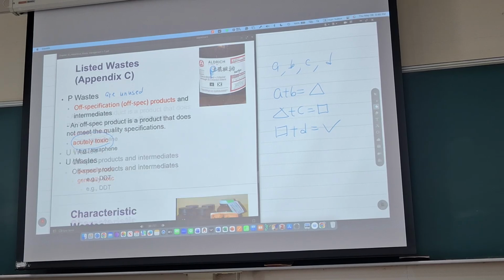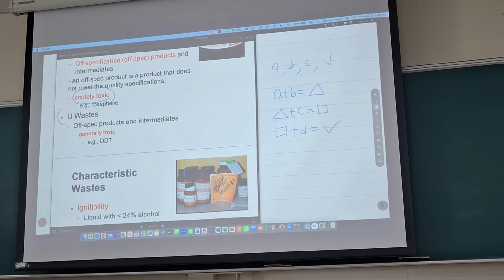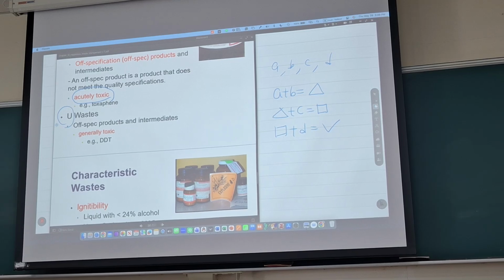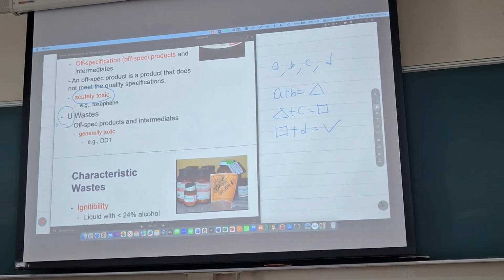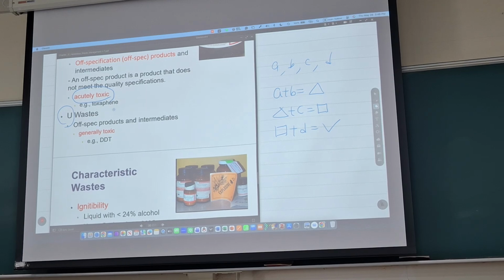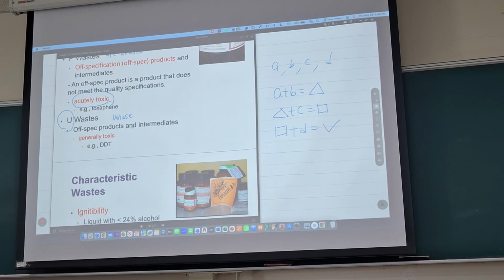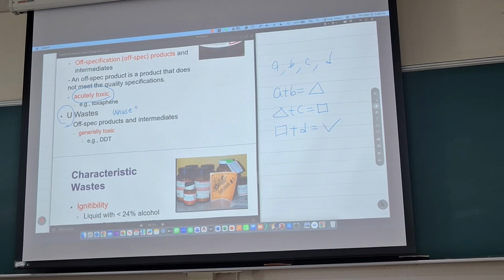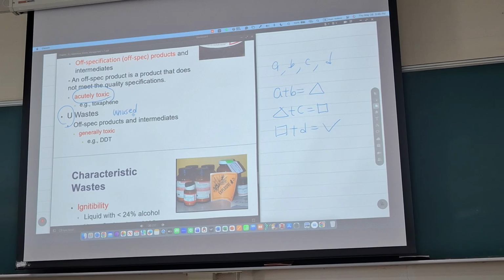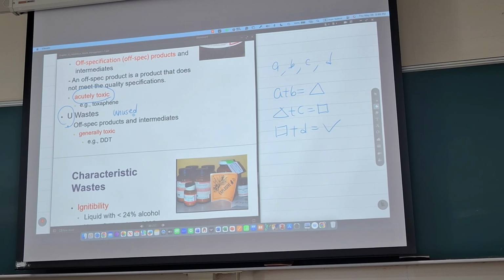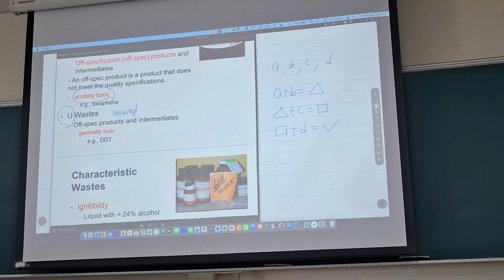Okay? U waste are also unused and also on spec. But they are generally toxic, not accurate, so generally toxic.